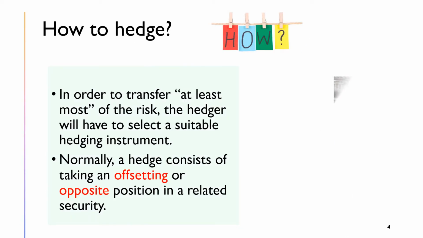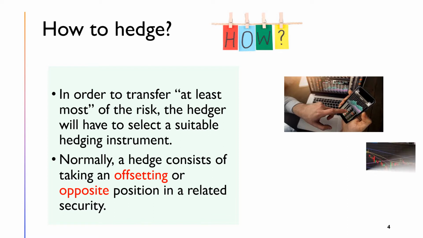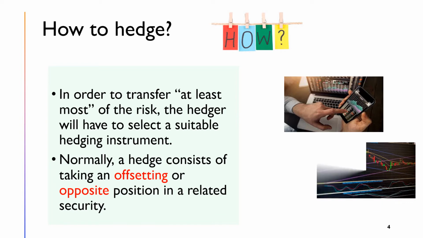In order to transfer at least most of the risk, the hedger will have to select a suitable hedging instrument. Hedging strategies typically involve derivatives, such as forward, futures, and options contracts. Normally, a hedge consists of taking an offsetting or opposite position in a related security. Hedging involves buying an investment designed to reduce the risk of losses from another investment.